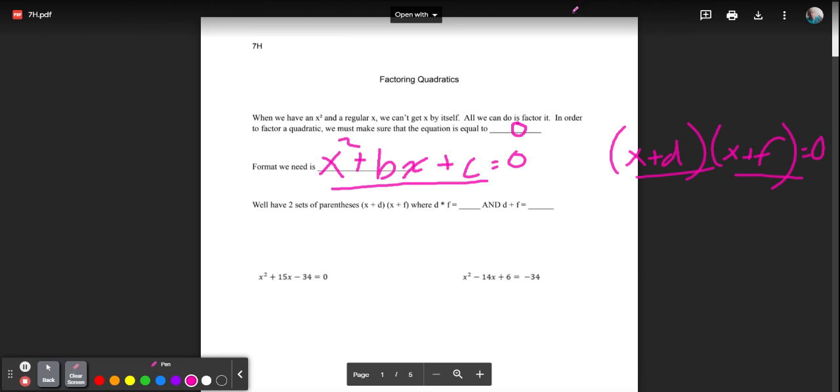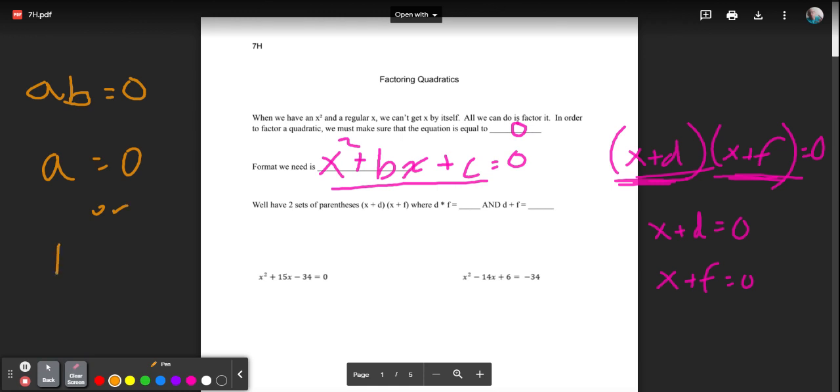Now, what's going to happen is we have this parenthesis times this parenthesis equals 0. So now we know that if we're multiplying two things to equal 0, either this parenthesis x plus d has to equal 0, or the other parenthesis x plus f has to equal 0. Just as a sidebar over here: if I'm multiplying two things, a times b, and it equals 0, the only way for that to happen is a equals 0 or b equals 0.